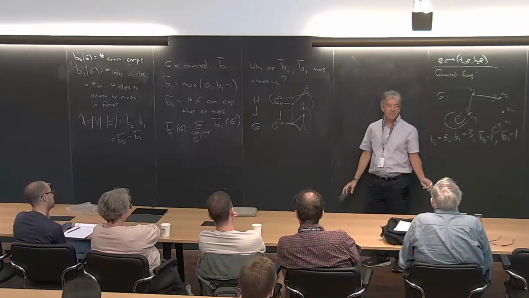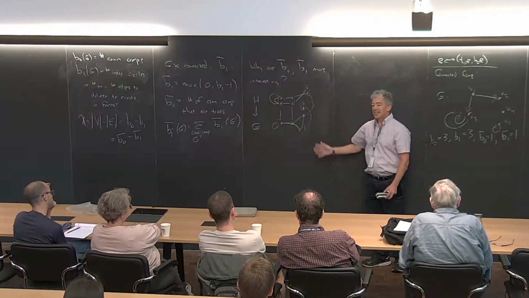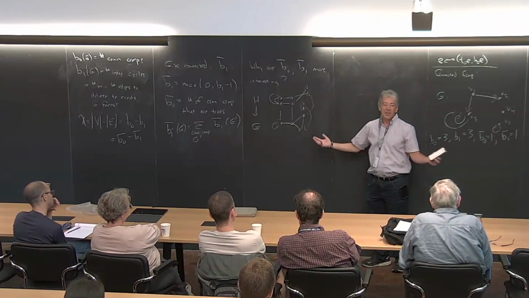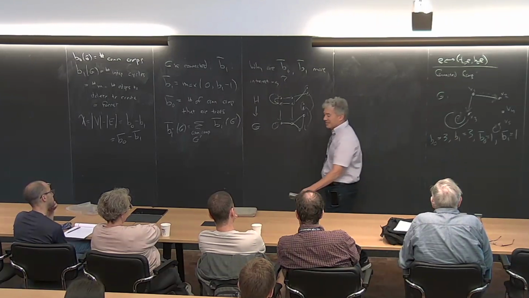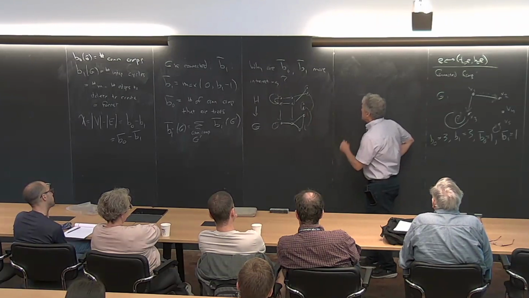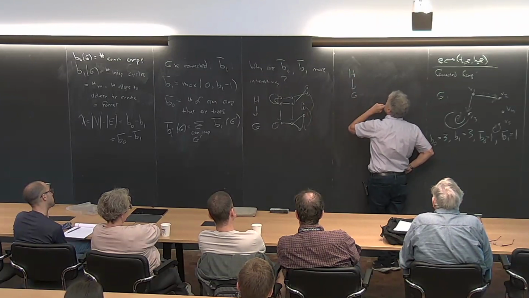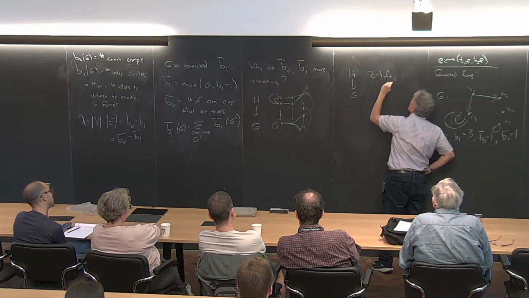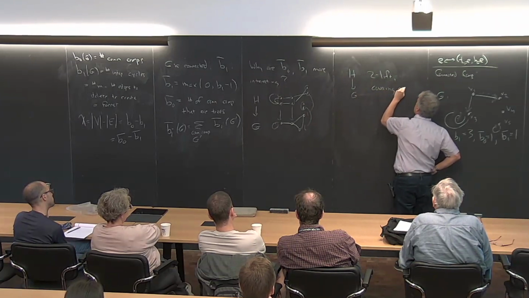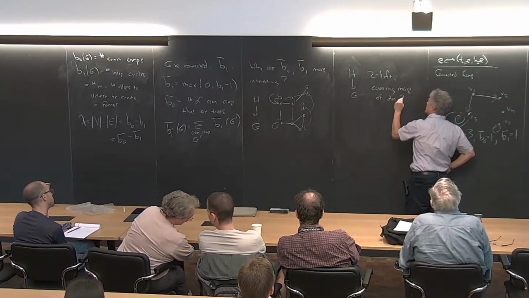I always have this problem. So Nathan Linial calls this a lift. And he said we will use a lift because covering means different things in discrete math. So the map H to G here, you can call it a two-lift, or you can call it a covering map in the topological sense, of degree 2.